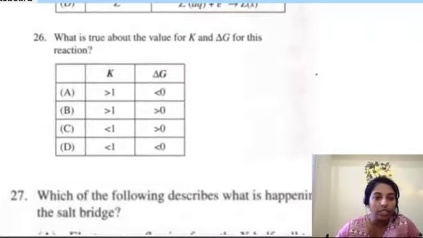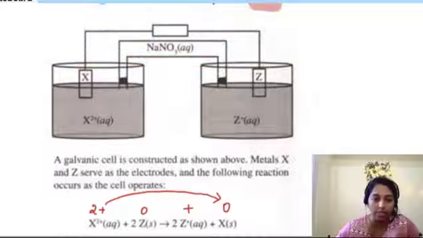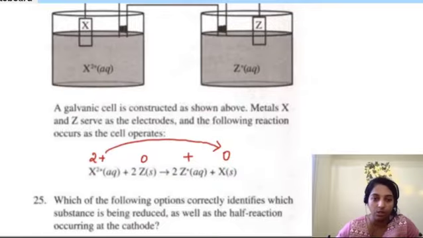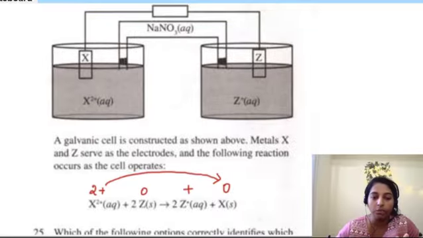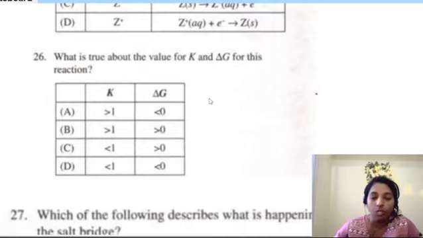Then what is true about the values of K and delta G for this reaction? They were given that this reaction has already happened. This is a galvanic cell, so you get a positive E0 cell. Correct? The EMF of the cell will be positive. What did we study about that? For a spontaneous reaction, delta G is negative.